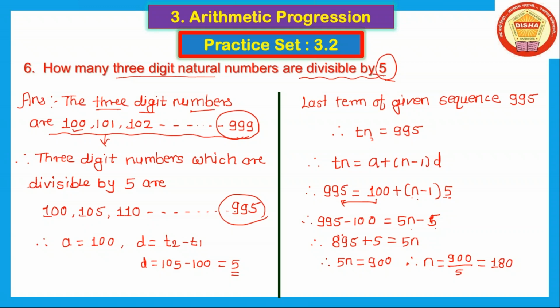And what is that n? The number of terms. So below that we write there are 180 numbers which are divisible by 5.